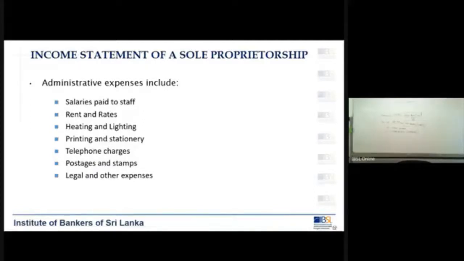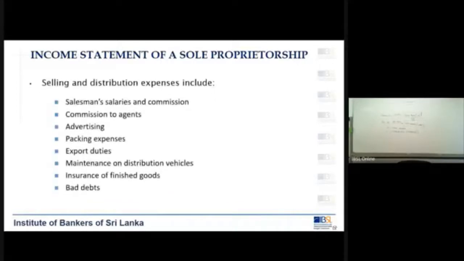Then you have telephone charges, postages and stamps, legal and other expenses. So you will have various kinds of expenses which all relate to the administrative nature of the business.